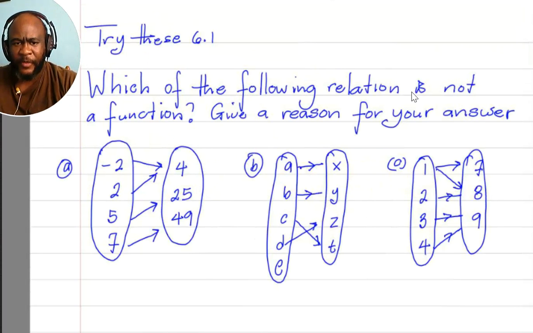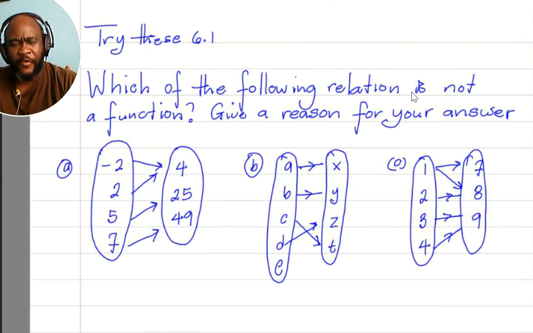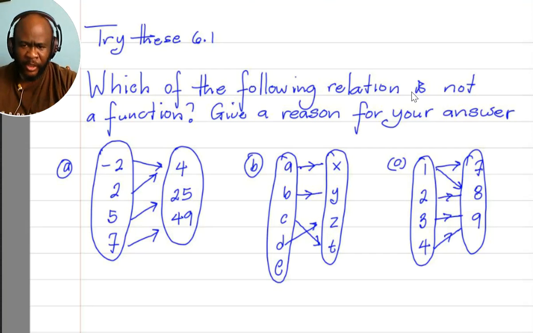Try these. 6.1: which of the following relations is a function? Give a reason for your answer. Remember, if one arrow leaves every element in the domain, the relation is a function. Where the arrows are coming from is the domain. Now, if more than one arrow, or if no arrow leaves any element in the domain, the relation is not a function.